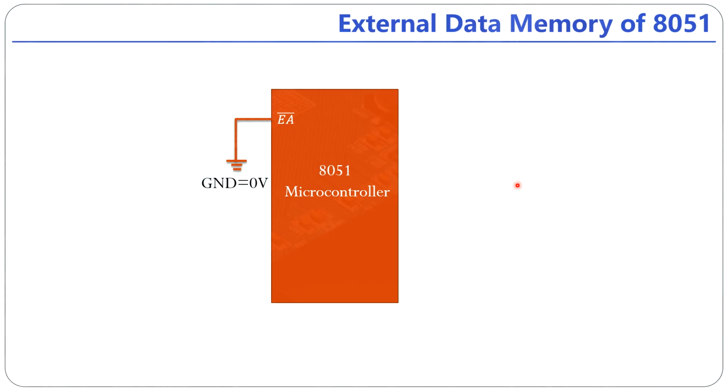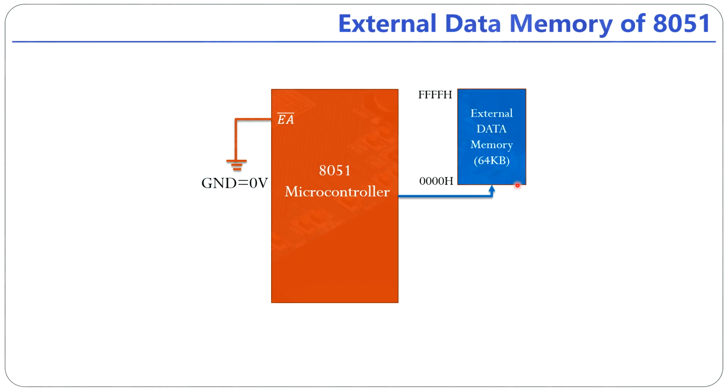That is the thing we want to use as external data memory, right? The addressing of this memory is 0000H to FFFFH, right?